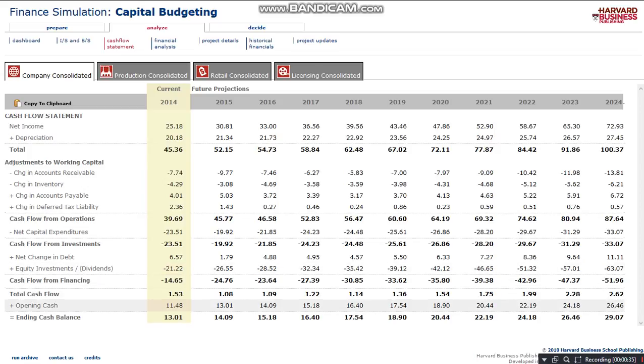So this one is my cash flow for the current year of 2014, and if I make this simulation run from the beginning, I will be able to see my projection for the year, so I can choose which projects I want to go on. But because this one I have completed already, it will only show from 2014 to 2015 and so on.